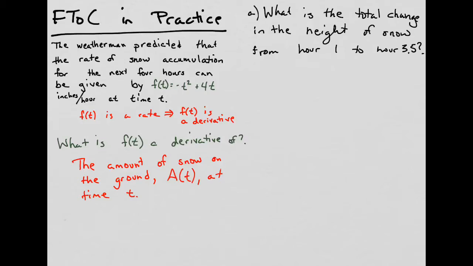So what's that total change? So if we think about it, if we have the height of the snow at 3.5, we can subtract the height of the snow at 1.